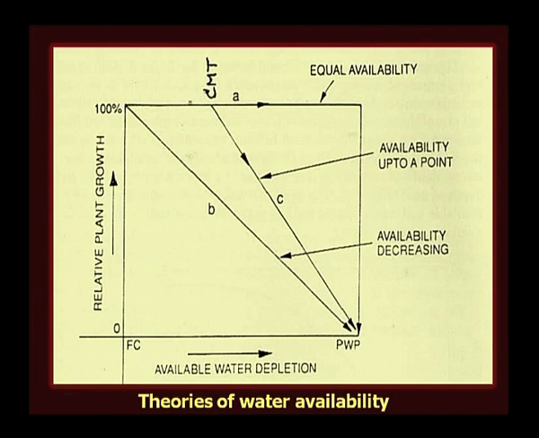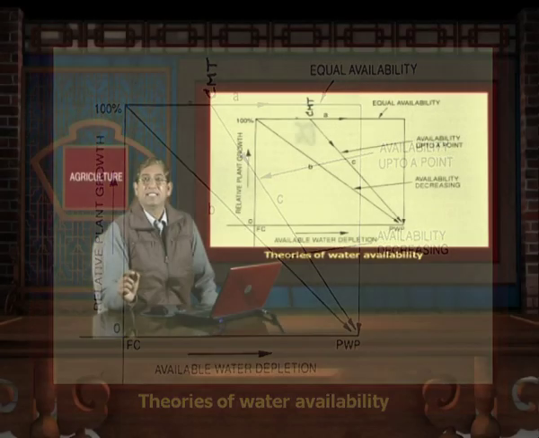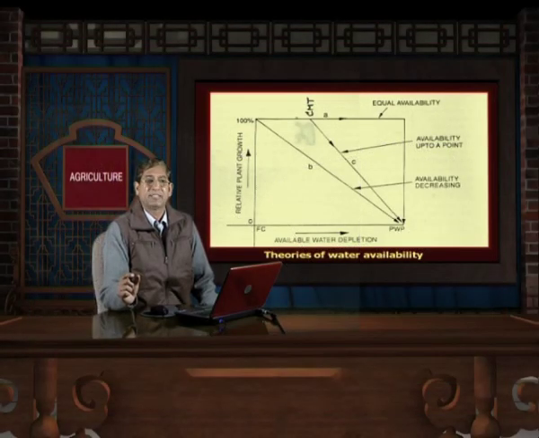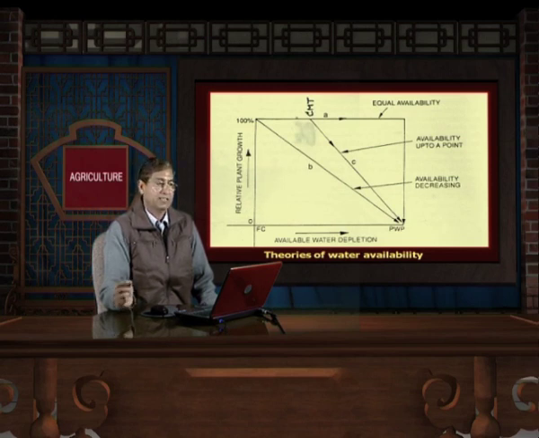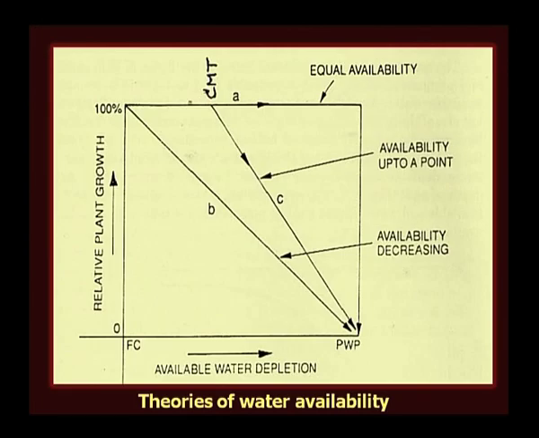That has been shown partly by A and partly by C. After critical moisture tension, the availability of water constantly decreases. According to the third approach, there is a constant decrease in water availability from field capacity to permanent wilting point. And according to most scientists, the critical moisture tension approach, that is A plus C, is more scientific in comparison to the other approaches.